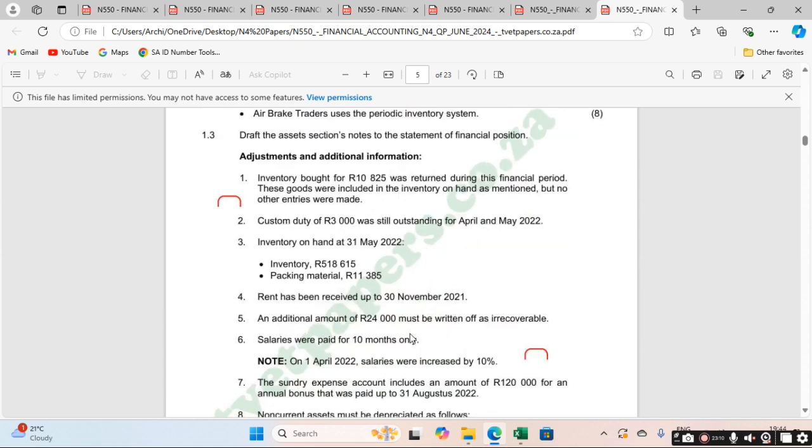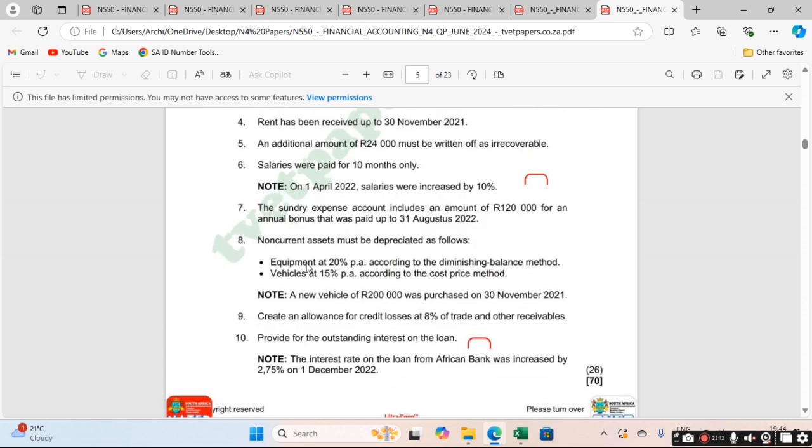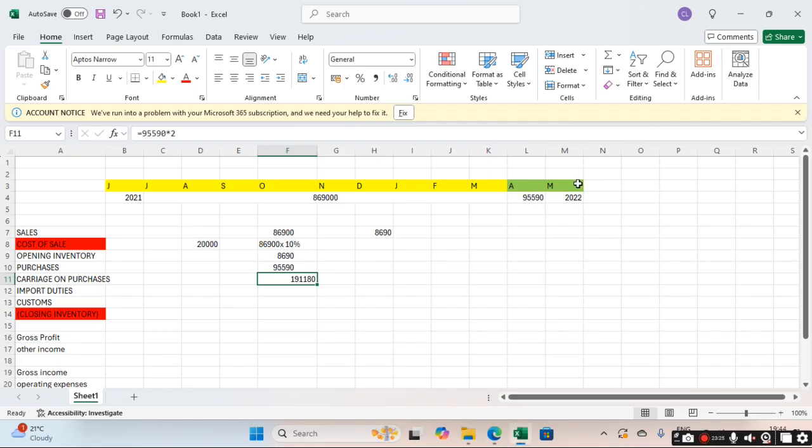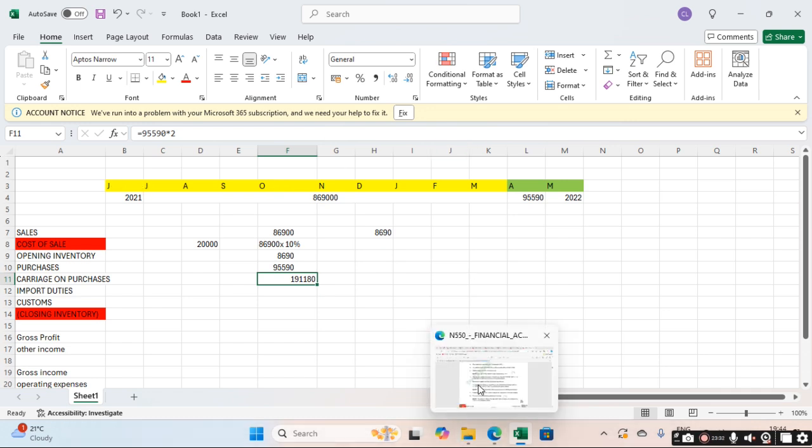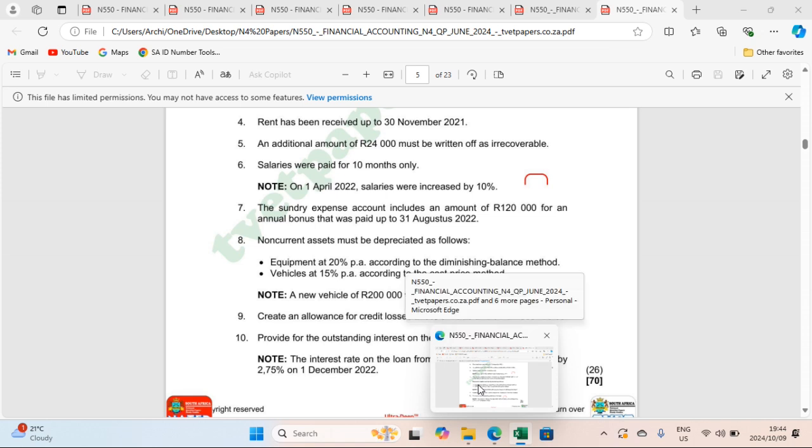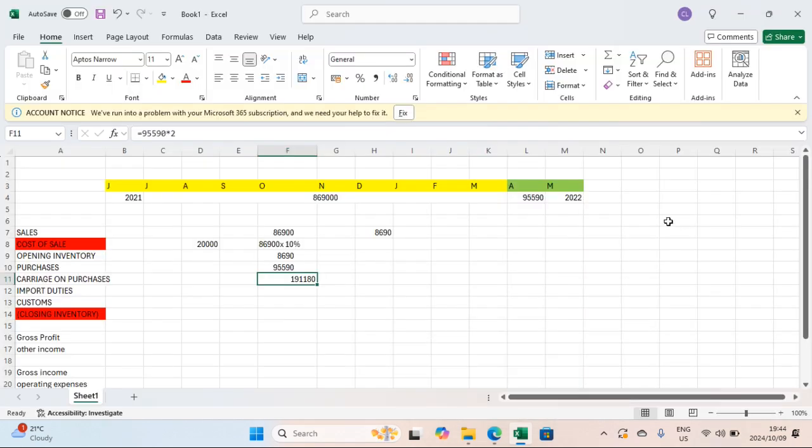It includes an amount of 120 for an annual bonus that was paid up to 31st August 2022. So as we can see, our year ends on May 2022.